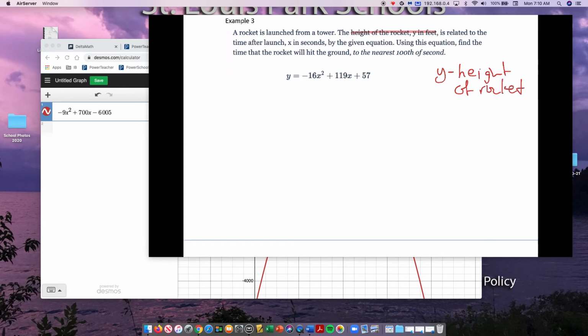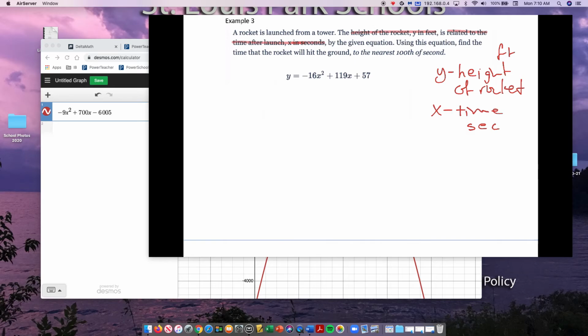It is related to the time, x in seconds. So x is the time in seconds, and the height of the rocket, remember that was in feet. It's given by this equation.